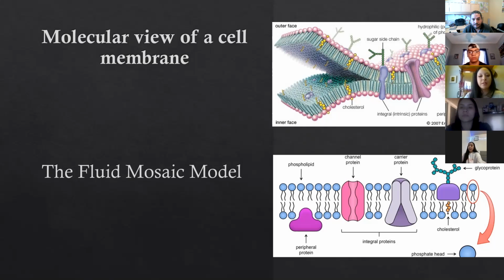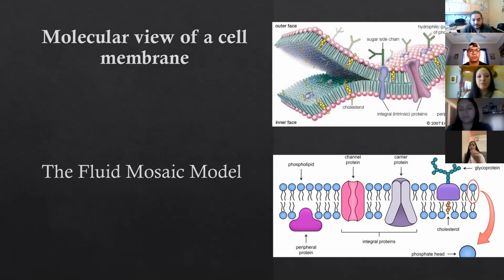So the cell membrane is composed of proteins, phospholipids, glycoproteins, glycolipids, and cholesterol. Today, I will only be going over phospholipids and cholesterol because they are the 2 most important components of the cell membrane. So the cell membrane, as said previously, is semi-permeable, which allows things to go in and out of the cell.